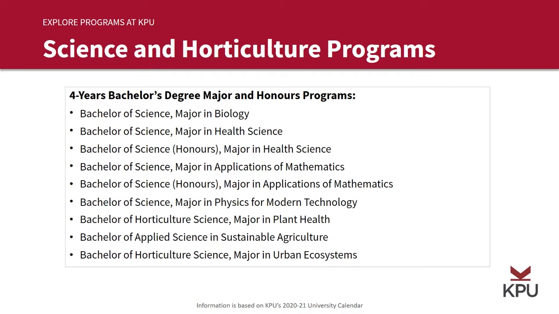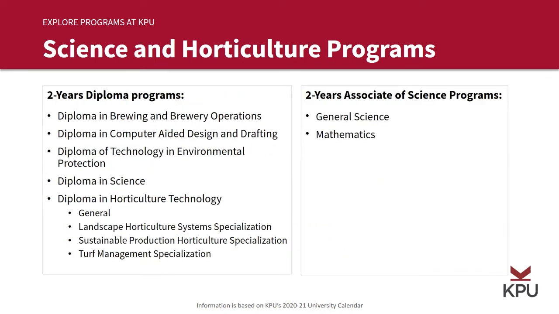So in this slide, you can see the 4 years bachelor's degree and major and honors programs in 9 different disciplines. For example, Bachelor of Science major in biology, Bachelor of Science major in health sciences. These are very popular programs of KPU, but these programs require minimum 120 credits, but honors can require more. Can you go to the next slide?